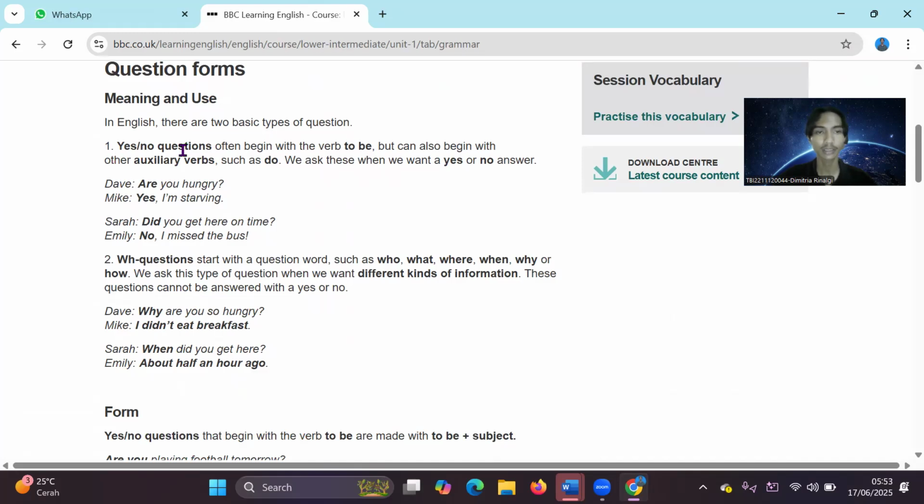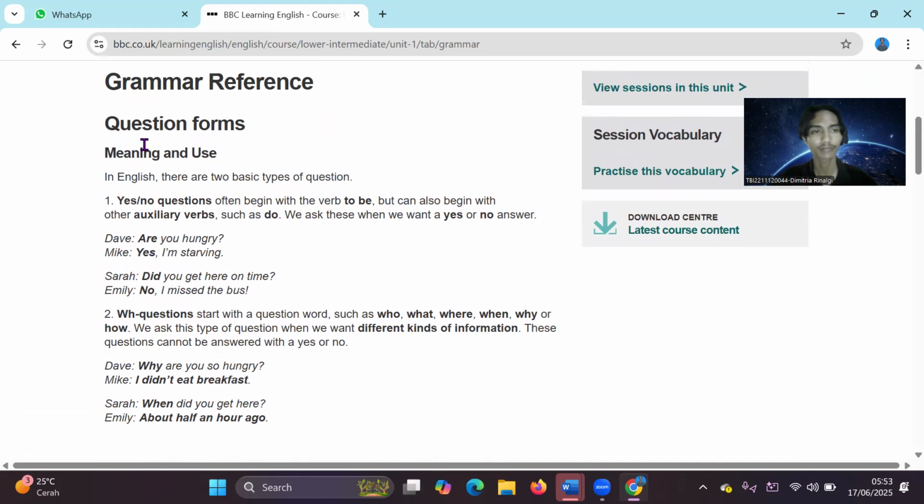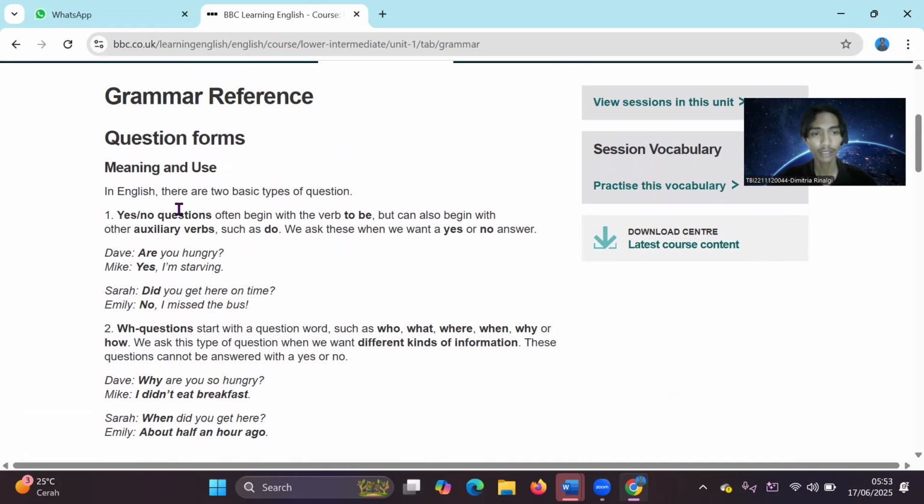The first is yes/no questions and then WH questions. What is a yes/no question? Yes/no questions often begin with the verb to be, but can also begin with other auxiliary verbs such as do. This is when we want a yes or no answer.